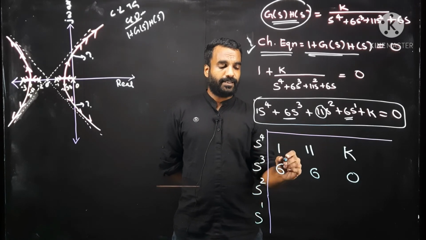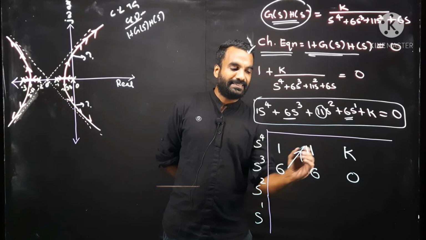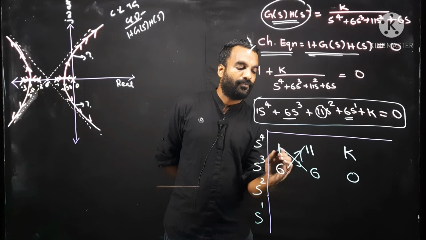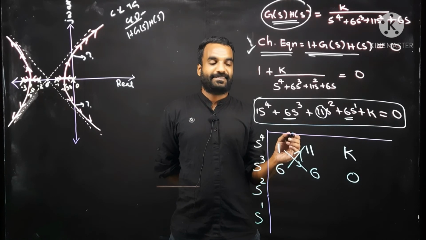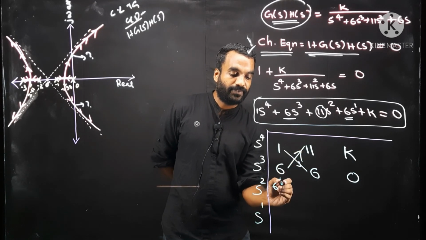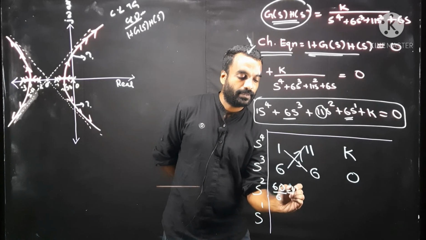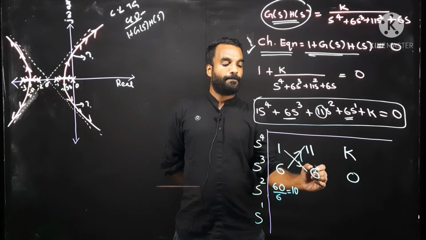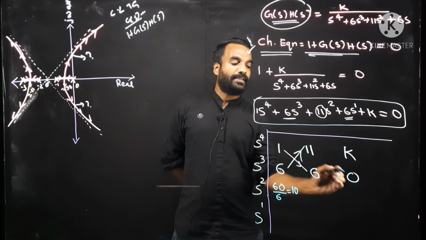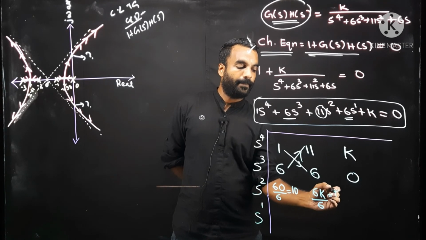Now apply the RH criteria. Multiply, so 6 into 11 is 66, minus 1 into 6, that is 6. 66 minus 6 will give 60, divided by 6, that is equal to 10. Here it is 6 into k minus 1 into 0, that will give 6k, divided by 6, that will give k.